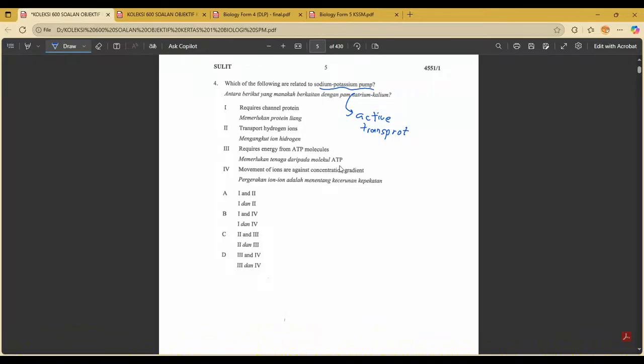So it requires energy from ATP and goes against the concentration gradient, from low concentration to high concentration. 3 and 4. It doesn't transport hydrogen ions because it's sodium, potassium, and it uses carrier proteins, not channel proteins.